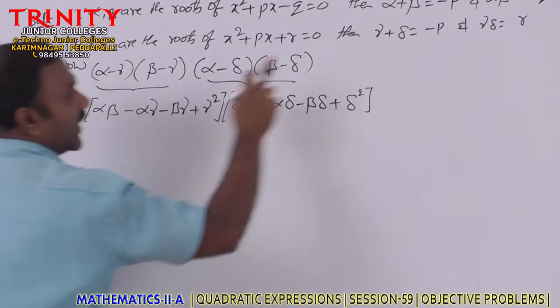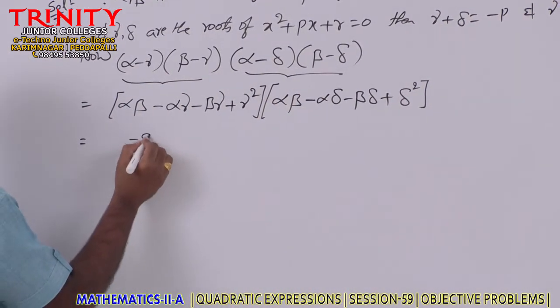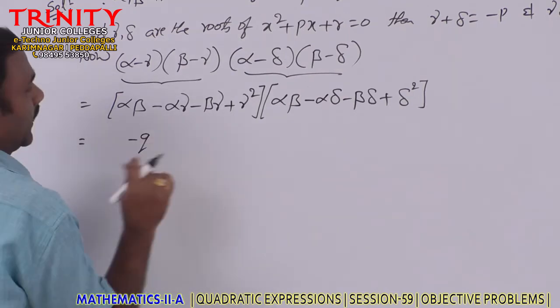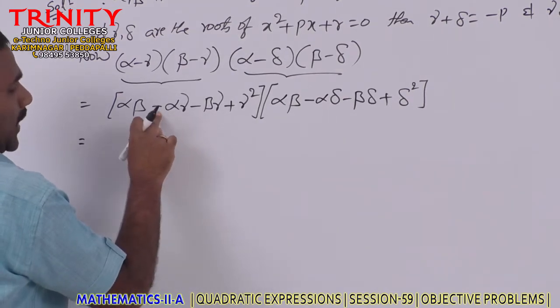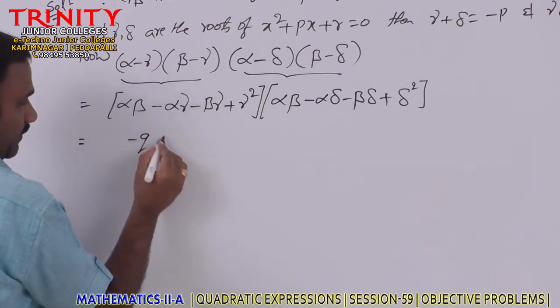Alpha beta value we have minus q, into minus alpha gamma minus beta gamma.